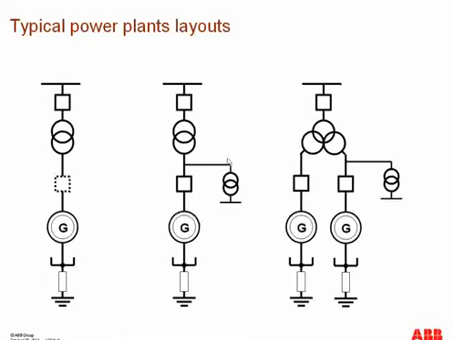And in this layout, we have the auxiliary transformer also connected to supply the power to the AC/DC auxiliary systems of the power station. In this layout, we have two parallel generators connected via the generator breakers to the 3-winding transformer, and then to the high voltage circuit breaker, and then the bus bar of the grid.